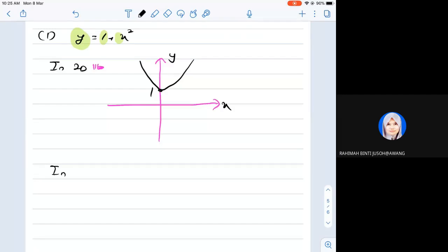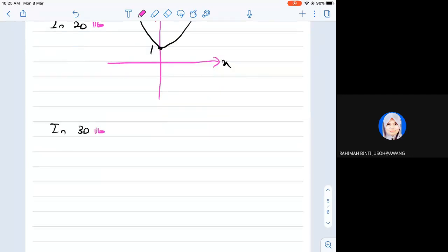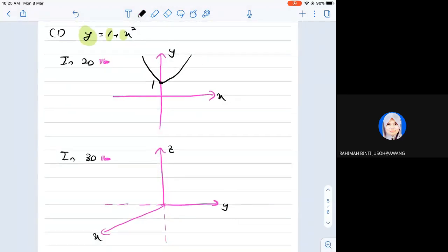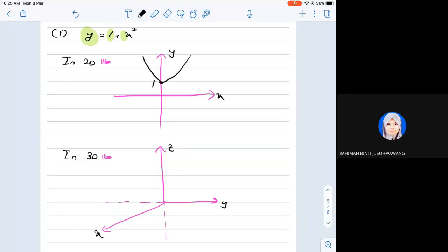So 3D, we will have X, Y, and Z. Okay guys, first thing first, you kena plotkan garisan ni, this line on the 3D axis dalam paksi 3D ni. So you perhatikan betul-betul garisan kuning ni guys, the highlighted yellow line ni is facing on the positive side of Y axis.